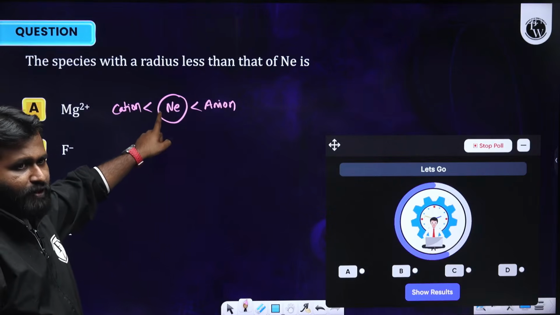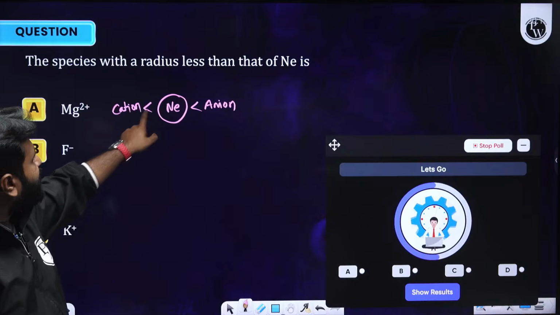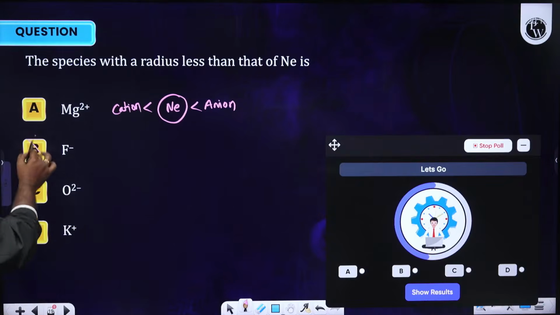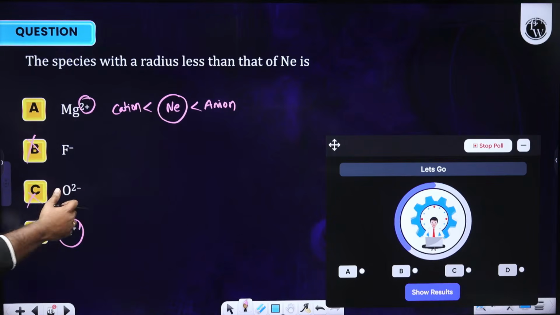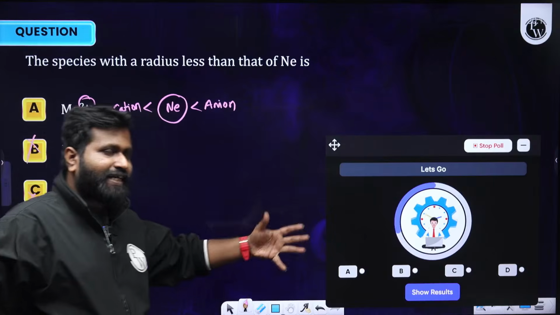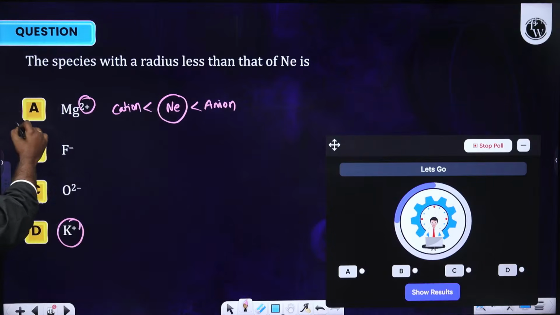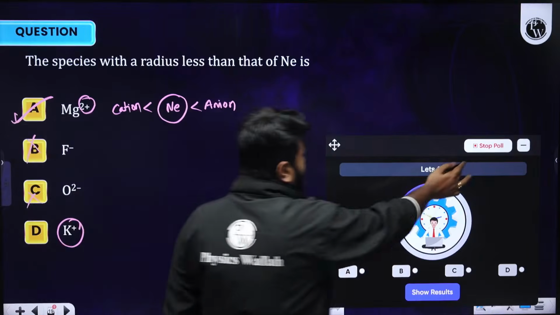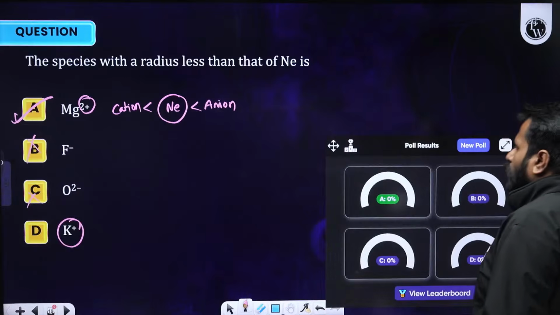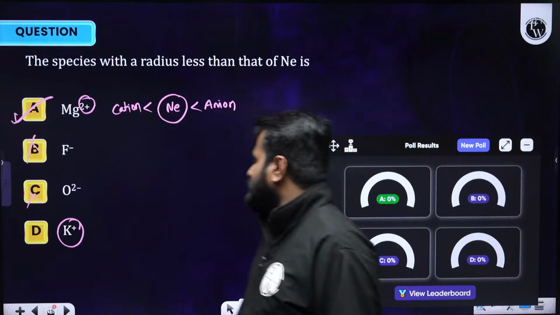Neutral atom will be having more size than cation. So which is having less size? Cation. So out of cation, this is plus charge plus 2. More the charge of cation, lesser is the size. More the charge of anion, greater is the size. So the question is all about radius less size. So what is the answer? Option A is the correct answer.